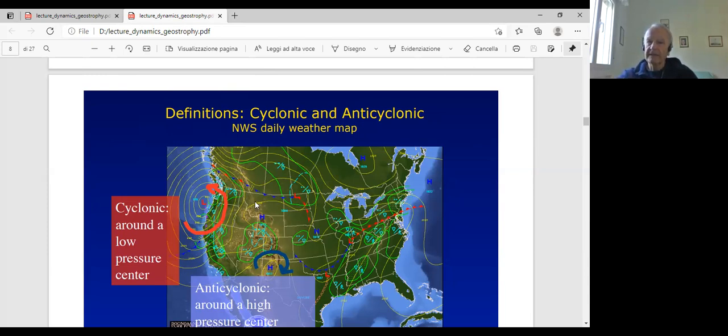And indeed, if you look at this analysis, you can see, for example, here is a low. That means low pressure. So the pressure gradient force is from high to low.